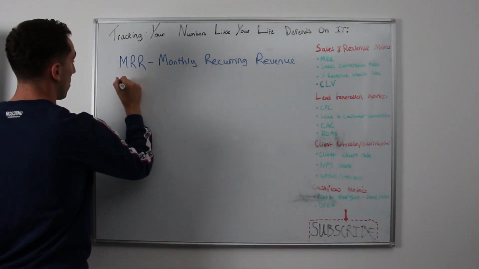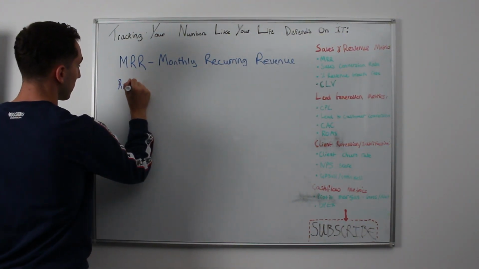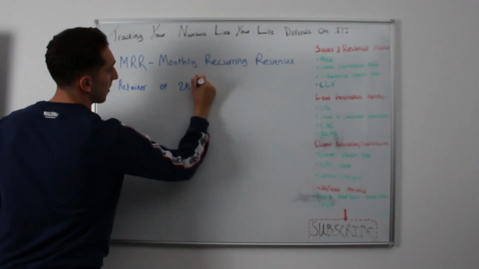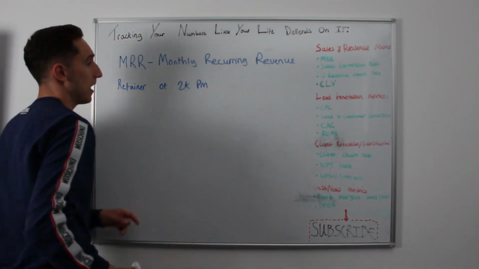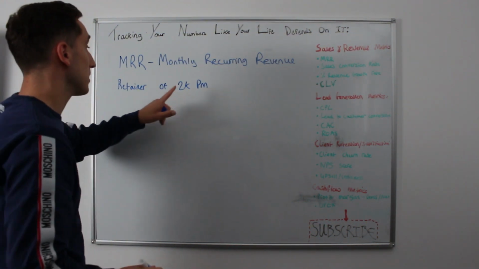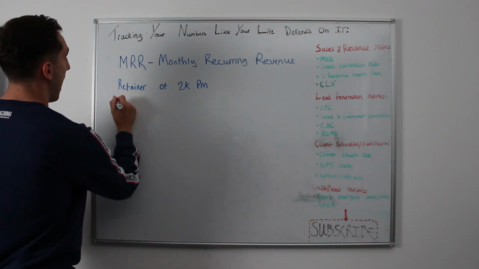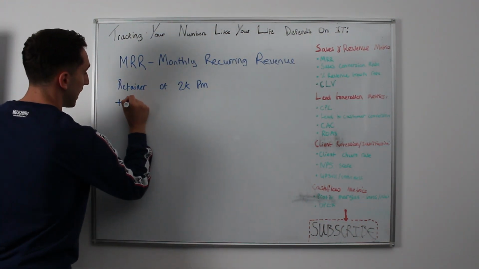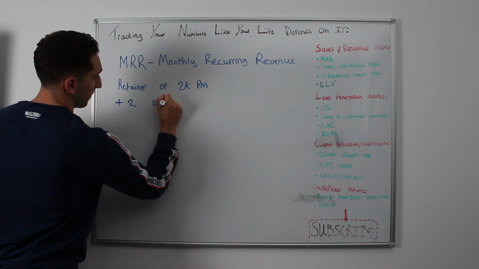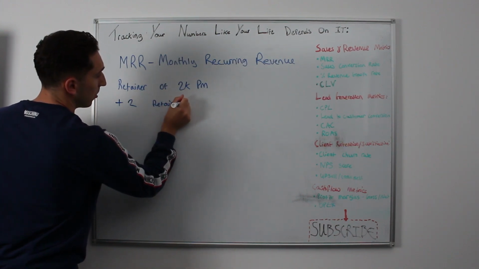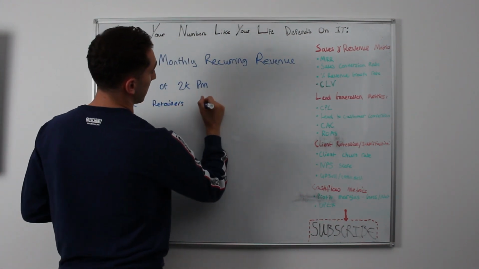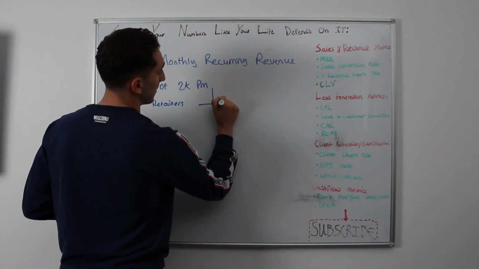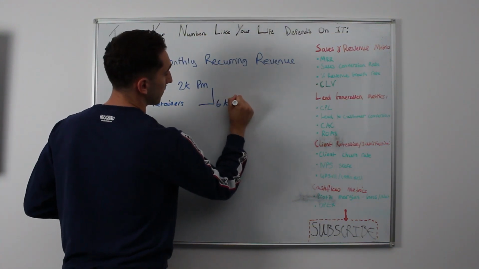So let's say you've got a retainer of 2K per month. Now, well done, congratulations, you've got a retainer. As you add another 2 retainers, your MRR will be 6K per month.